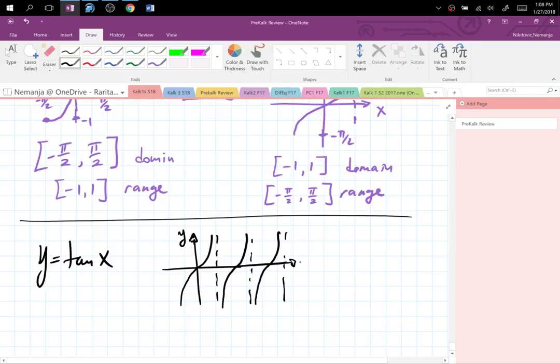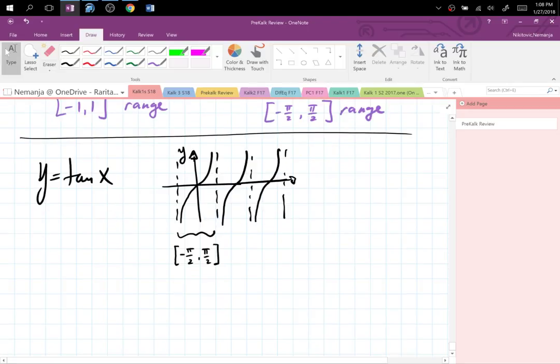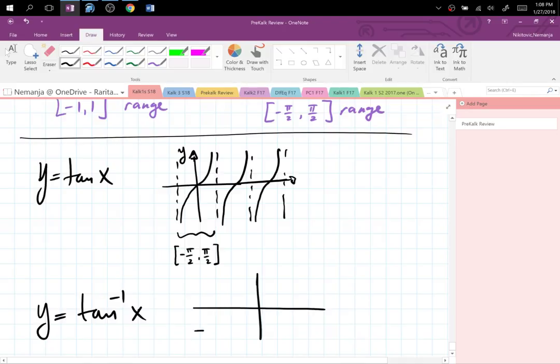Hell no, right? But then, if you use your domain restricting techniques and extract -π/2 to π/2 over here, now that will pass the horizontal line test, and you will be able to get your tangent inverse graph, which is going to be utilized later.